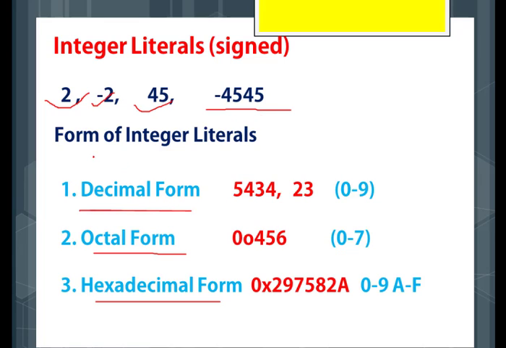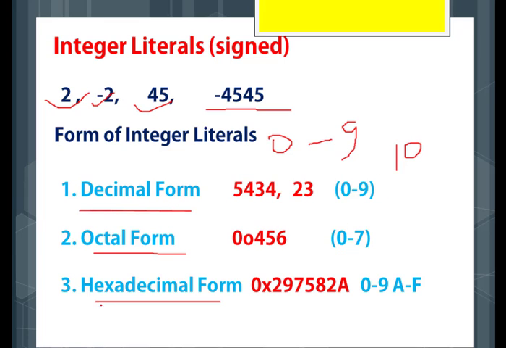And if you talk about the decimal form, the number which is composed of 0 through 9, that's called a decimal number, and its base is 10. You might have learned about it.